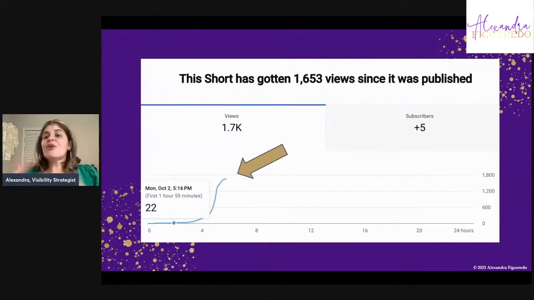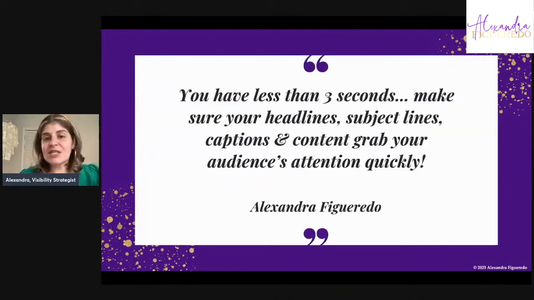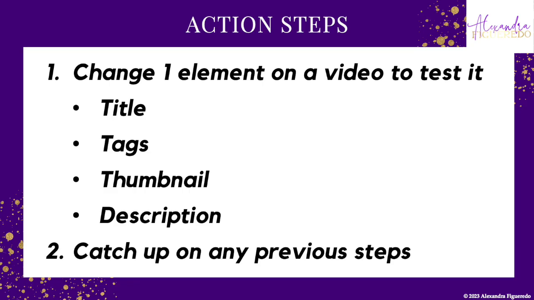So, these are things you can test, and that's what I suggest that you do. And the thing is, you have less than 3 seconds to grab the attention of your audience. So make sure your headlines, subject lines, captions, and your content grab your audience's attention quickly. And what's cool about these little things that you can tweak is that it might work instantly, right?